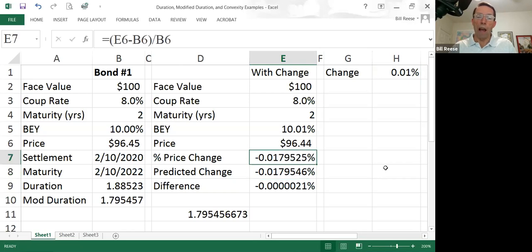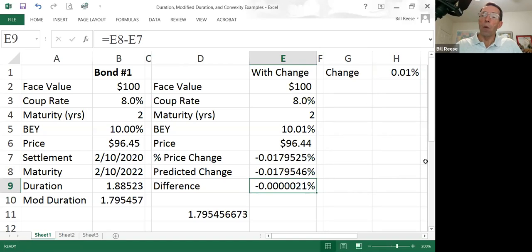It actually went down by 0.0179525%. So modified duration is off by 0.000021%, not by much. Modified duration did a pretty good job of predicting the change in the price. By the way, it works the same way if interest rates go down.